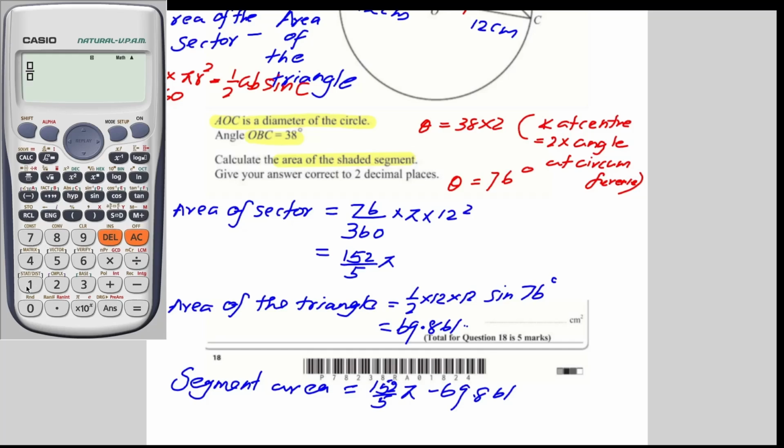So 152 pi over 5 minus this answer gives 25.64. So the answer is 25.6.